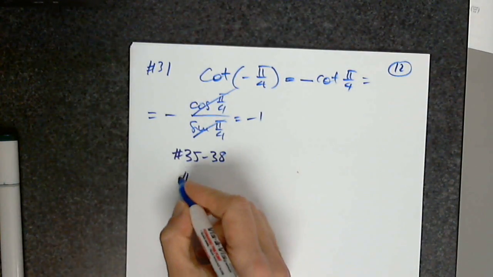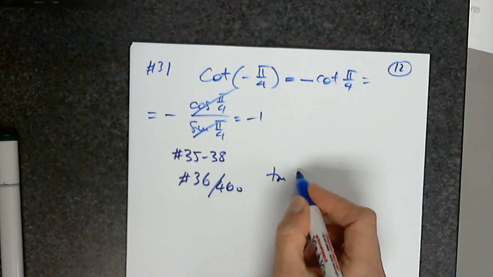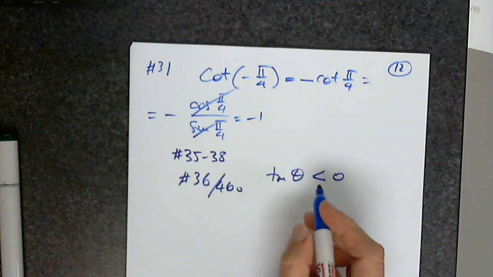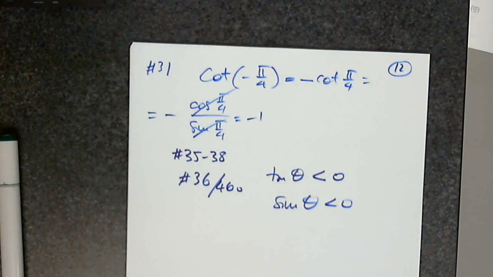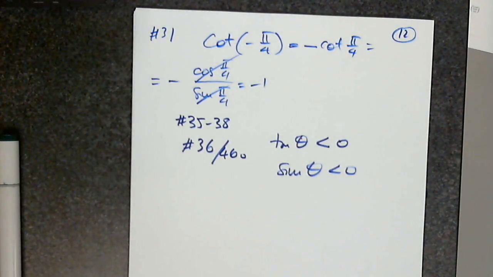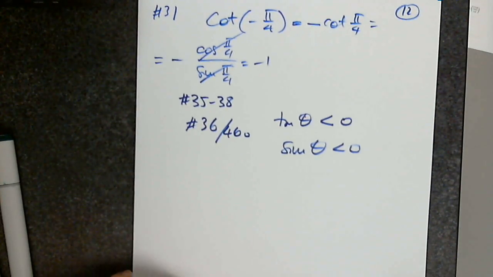Tangent. So that's page 460. We have tangent theta is less than 0, and I'm told sine theta is less than 0. From the given information, they only want us to say, oh, theta must be in such and such quadrant.